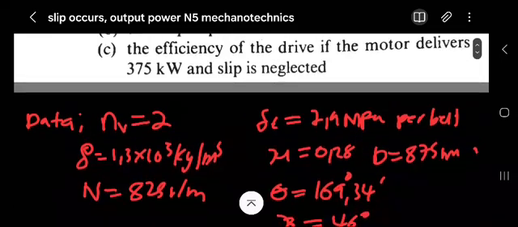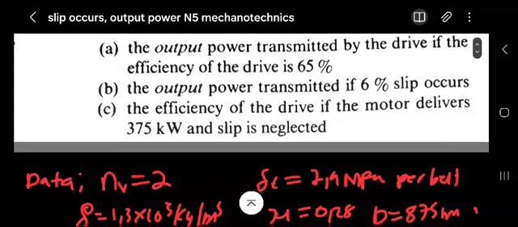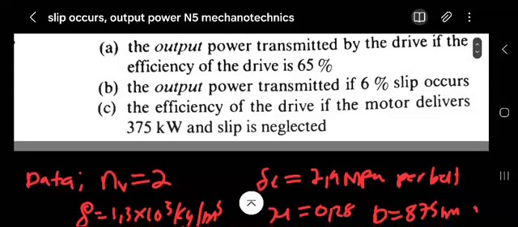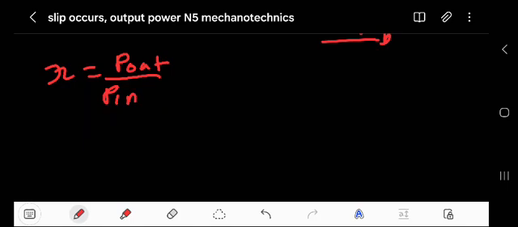Nevertheless, let's calculate the output power transmitted by the drive if the efficiency is given. I've discussed that if we're given the efficiency, the efficiency is output power over input power multiplied by 100%. That is what I know.